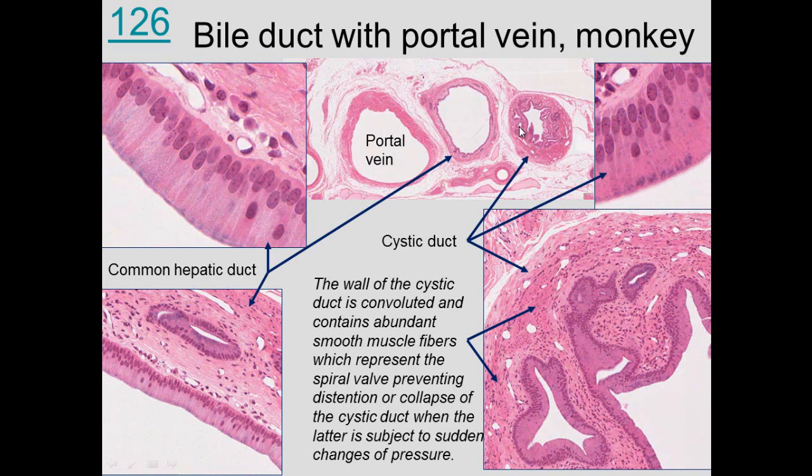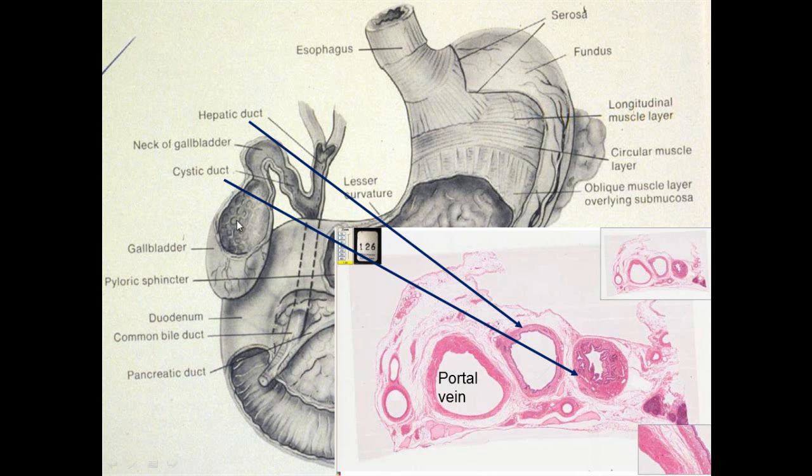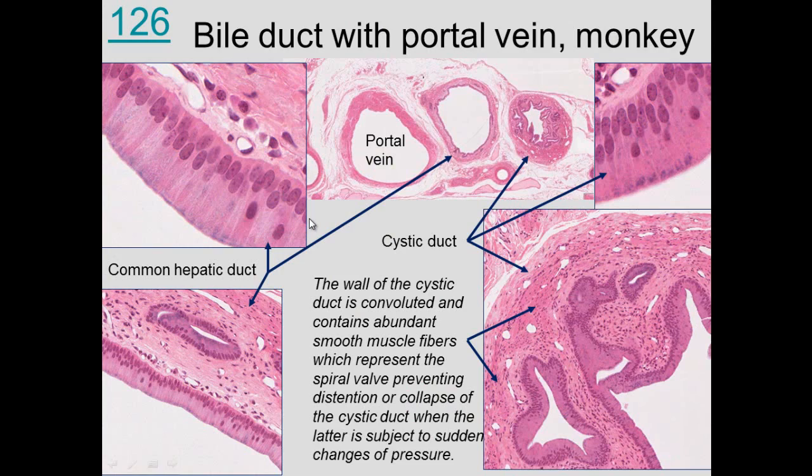Now, in the cystic duct itself, you can see it's kind of closed there because you kind of have a swirling of the lining, the connective tissue, and the epithelial lining, as well as smooth muscle in through there, and that kind of prevents the collapse of the duct whenever you're changing the different pressures that might be involved there. So this is a cystic duct, which is the duct that goes to the gallbladder, and it has a little valve in there that regulates the flow of that.